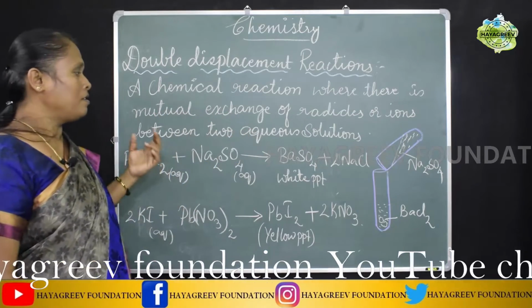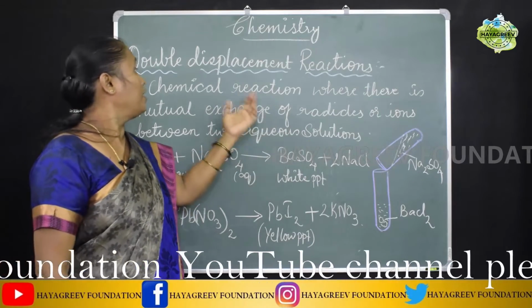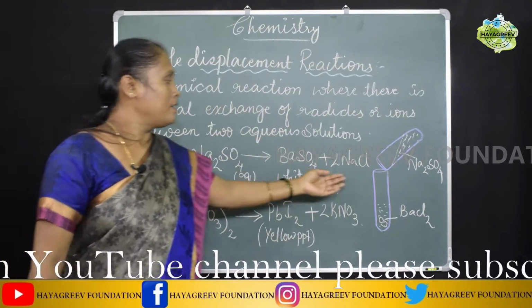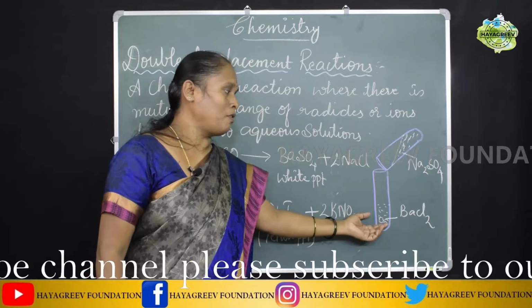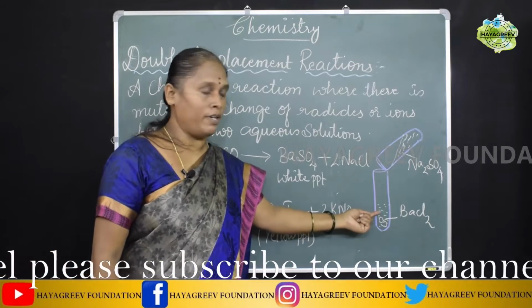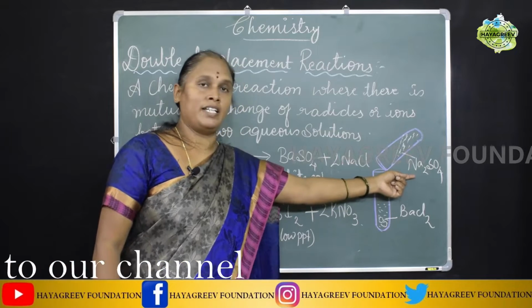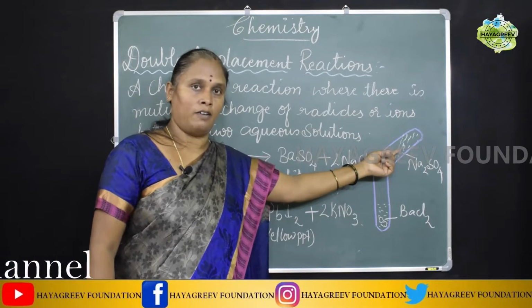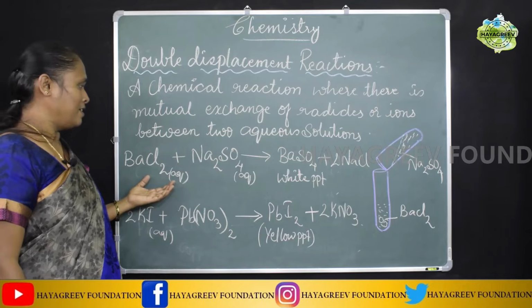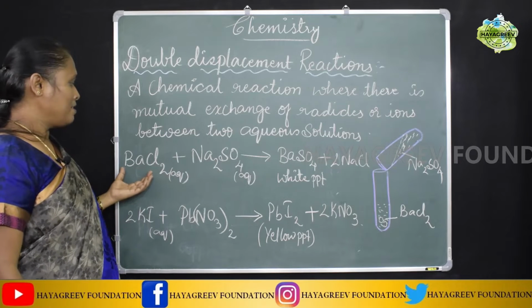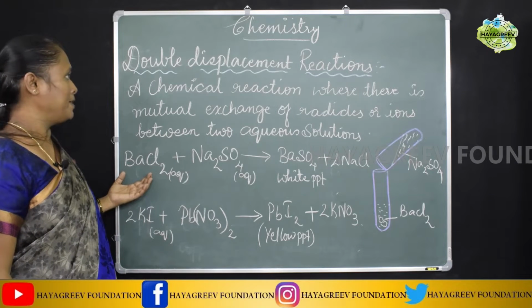Okay, so to understand one of the double displacement reactions, in one test tube barium chloride is taken in its aqueous form, and in another test tube sodium sulfate is taken, again in aqueous form. So this is the reaction that happens in a double displacement reaction.